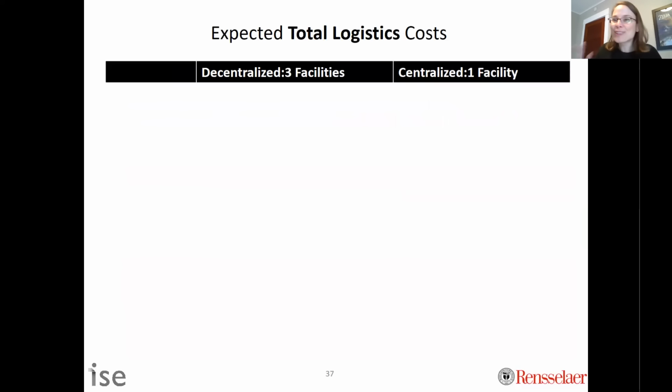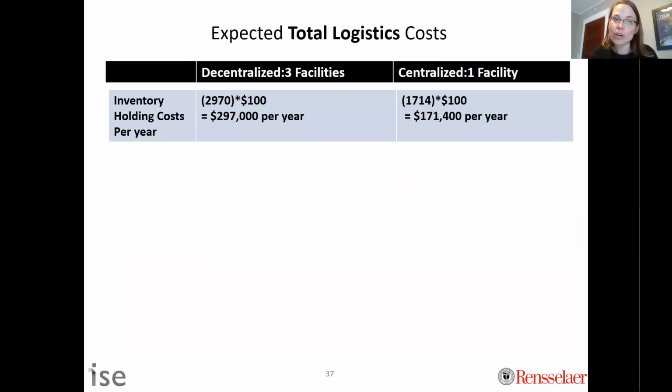And so we're almost there to say, which should we do? Should we centralize or decentralize? We need to now calculate the total logistics cost, which is the sum of these 3 costs. So in terms of the inventory cost, the decentralized one was almost 300,000, whereas the centralized one was only 170,000-ish per year.